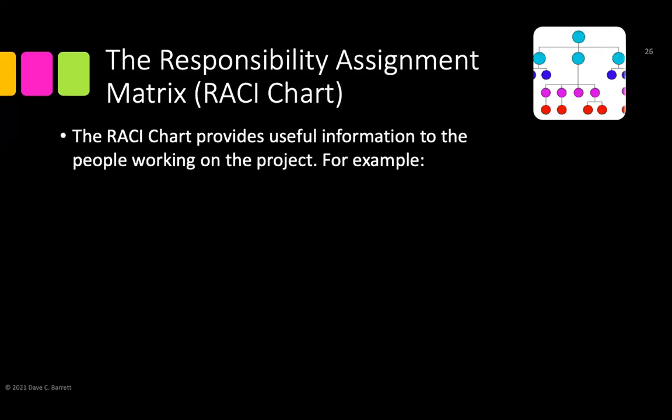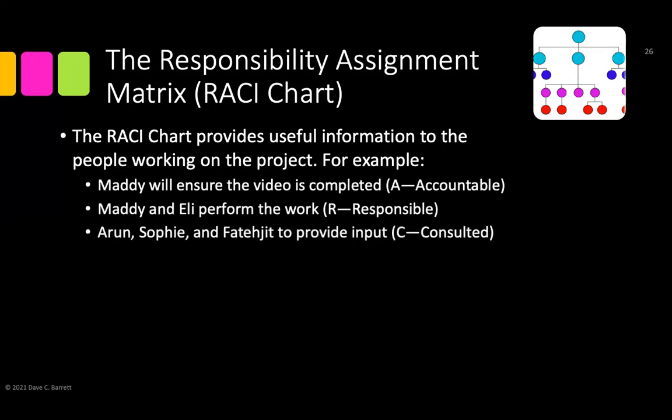Okay, so it provides useful information to the people working on the project, right? Like we can see in the previous screen that Maddie will ensure the video is completed. A is accountable. Maddie and Ellie perform the work, that is responsible, and then Arun, Sophie, and Fatehjeet provide input, which is consulted in a meeting, and Sarah is to be informed periodically.